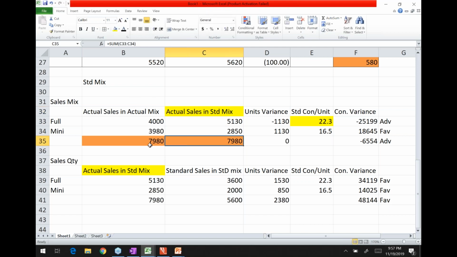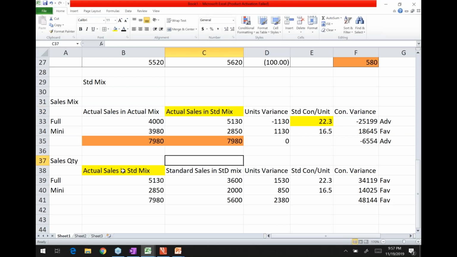So mixed variance reflects the mix difference, whereas the sales total is the same. The bottom figure is the same. So the common thing in mixed variance is the actual sales, and the uncommon thing is the mix. And variance always comes because of the uncommon thing. Okay. So I hope this is clear.